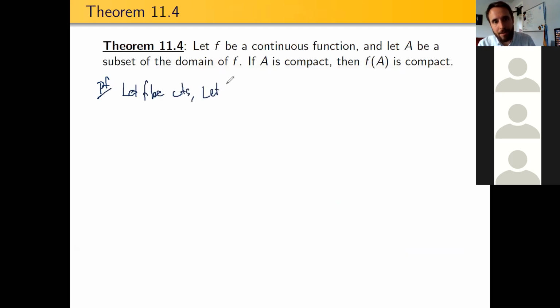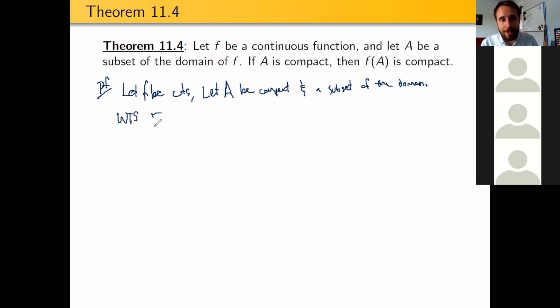Let A be compact. And what I mean by that, of course, is that it's compact and it's a subset of the domain. So let A be compact and a subset of the domain. Okay, we want to show that f of A, the image of A, is compact.